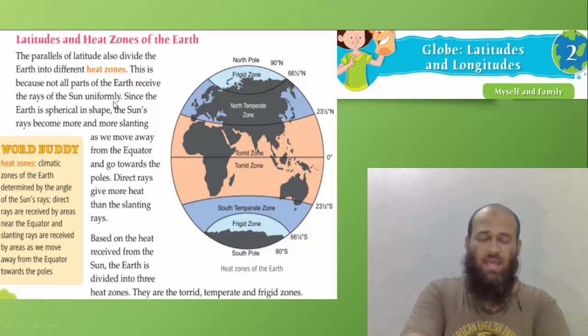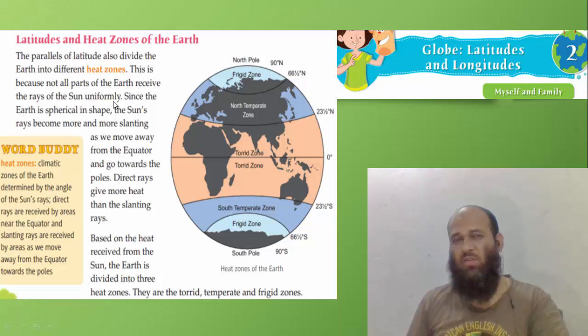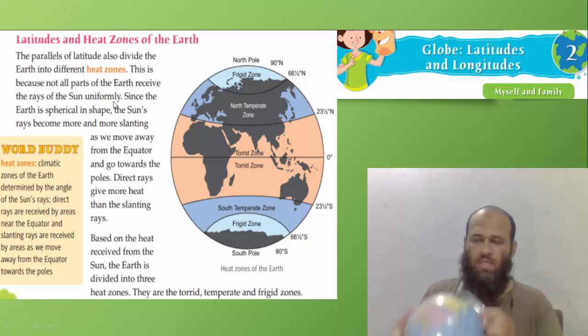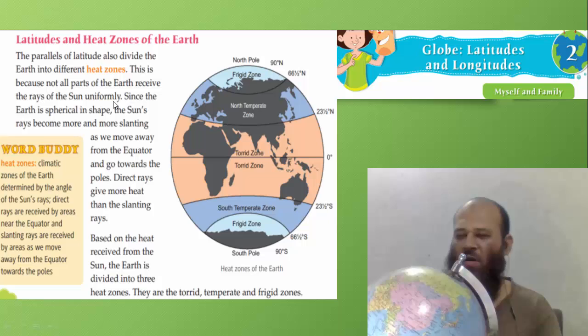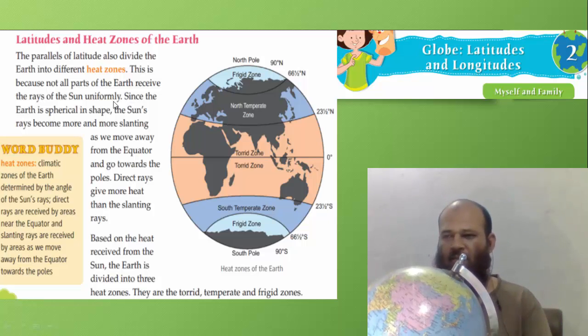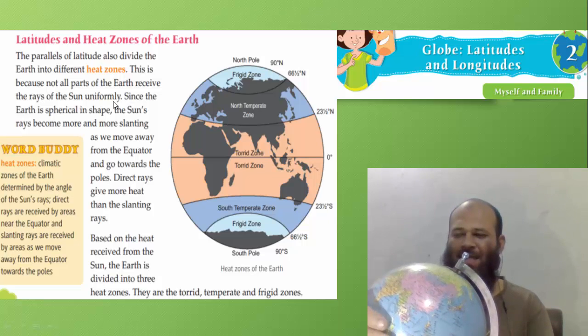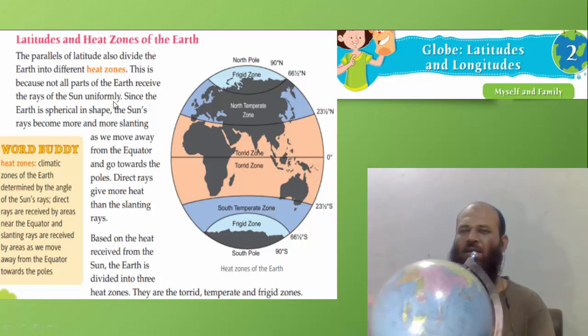which are determined by the angle of the sun's rays, direct impact of the rays of the sun at the equator, and slanting rays. You can see here on my globe, you have the light falling on this globe directly. So the rays over here, when they fall, you can see this region very clearly, and then the rays slant at the north and the southern region.